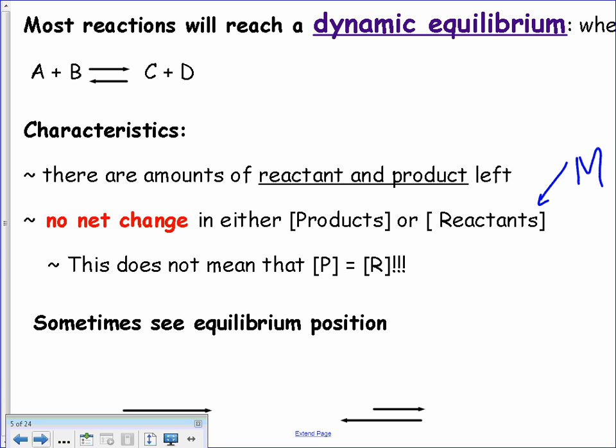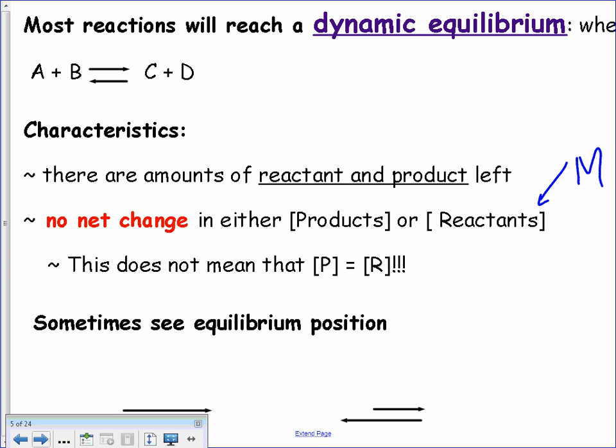There are going to be reactants and products left at equilibrium. And equilibrium is just a state of a reaction that we talk about, and it can be graphed, and now we can actually measure the concentration changes over time.